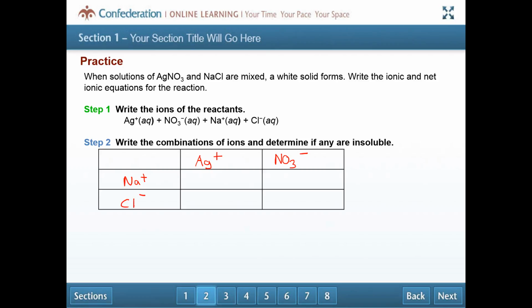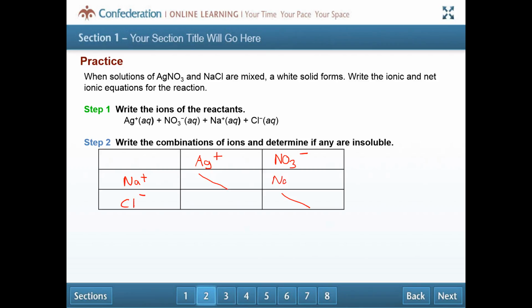All right, so then we look at the different combinations. We know that we're not going to have two positive ions mixing, so that is not going to make anything. And we also know that we're not going to have two negative ions making any compounds either. So I can just cross those both out. So we could have sodium and nitrate.